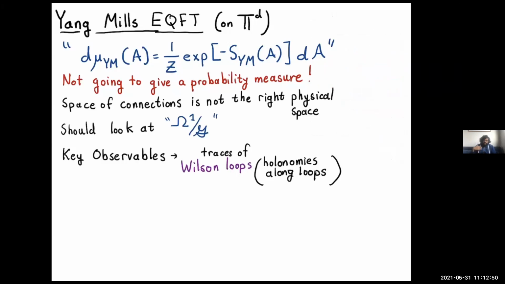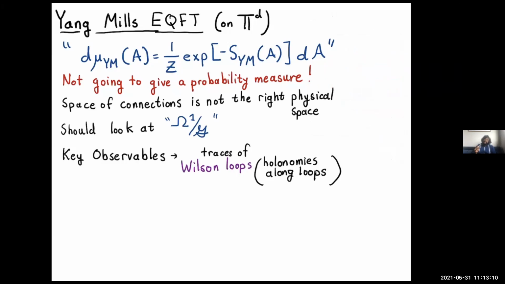In terms of physics, a class of key observables that in some sense would separate points in the quotient space are traces of Wilson loops. These are holonomies along loops. So what's a holonomy?